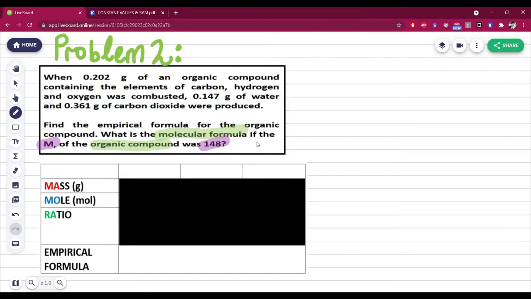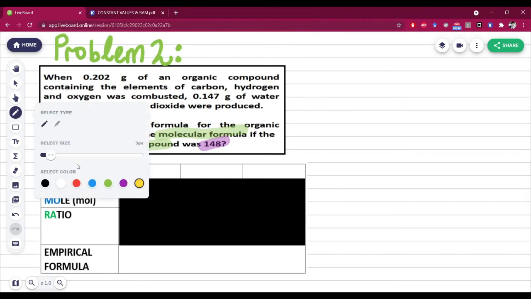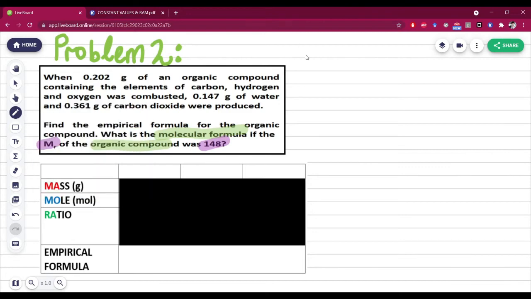Now, since we have burned the organic compound, again, I would like to repeat that if you have the organic compound and you burn that. Why is it burned? Because you have the word combusted right over here, means you are burning the organic compound.